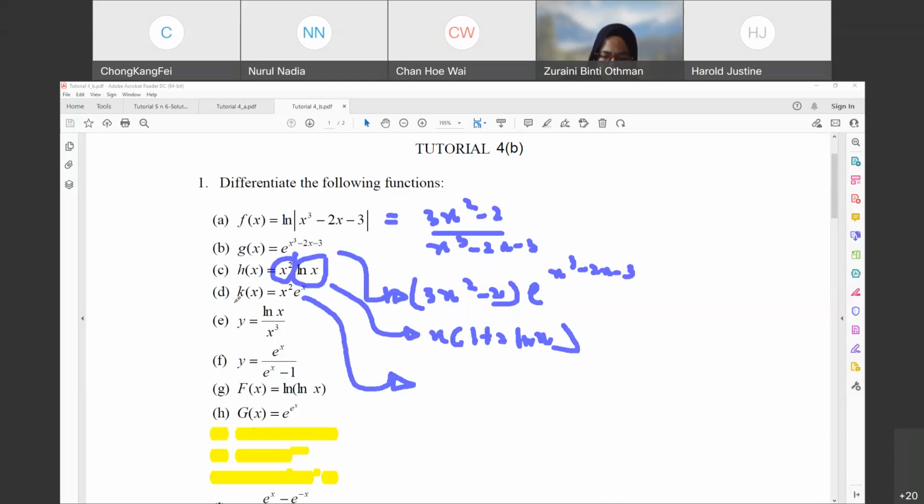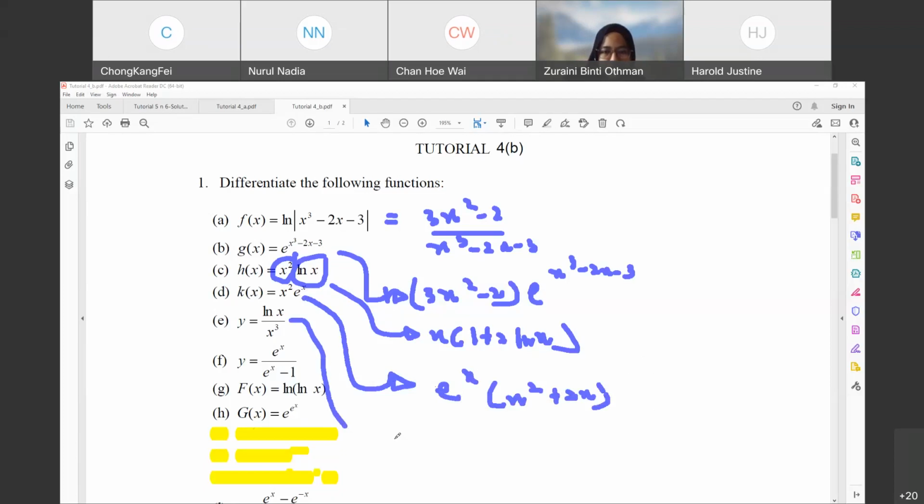x kuasa 2 tolak x kuasa 2 exponent x, you get exponent x kuasa 2 campur 2x. Later I'll put the recorded version inside your unit.